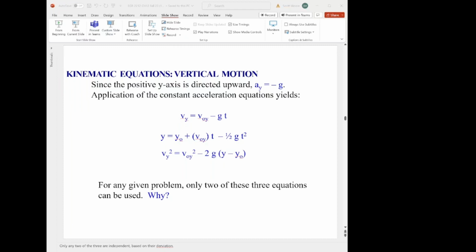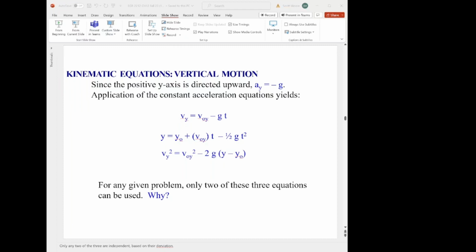If we look at the second equation here first, we can see it's essentially the same equation as what we had previously for the horizontal motion, except now we have y, initial velocity in y, and initial position along the y-axis. But here's the third component, where we have to consider acceleration due to gravity.